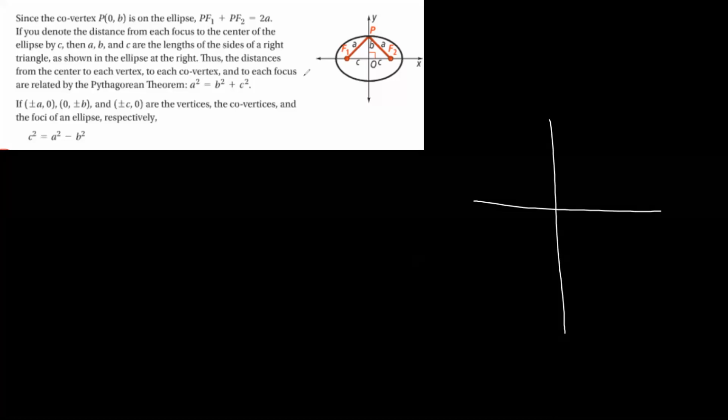I want now to find C. How can we find C? We said that a width A is, if you have these two axes, and this is our ellipse as an example, we say that this distance is A and this distance is B. How can we find C?